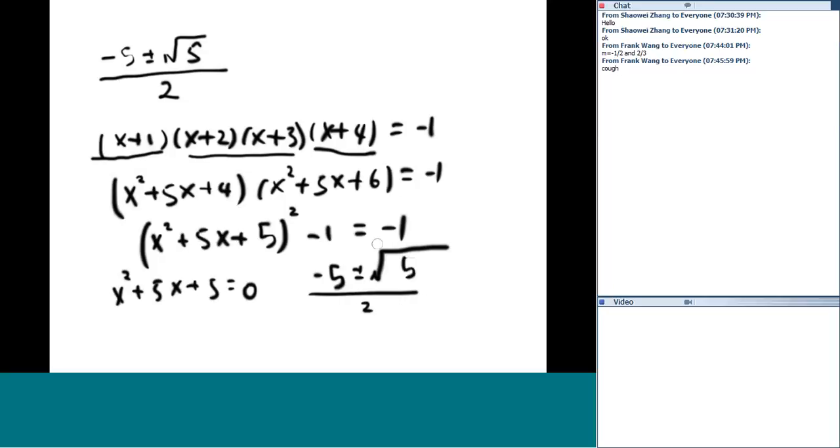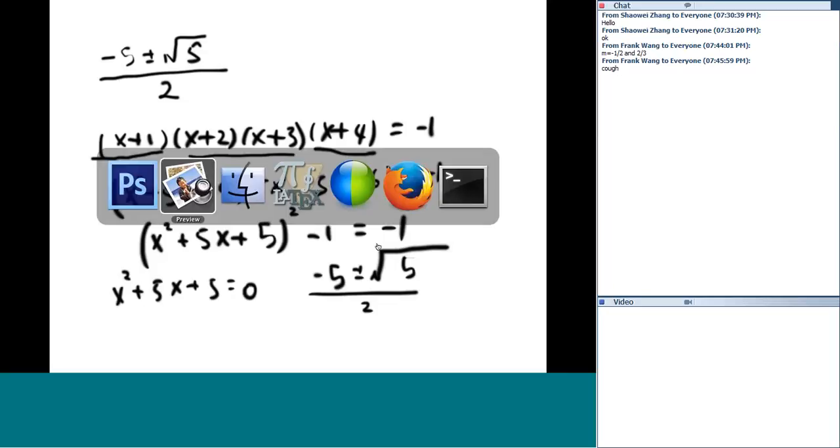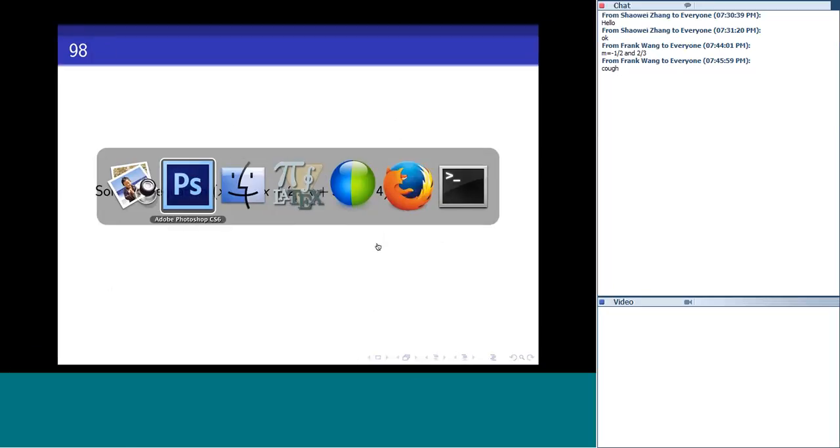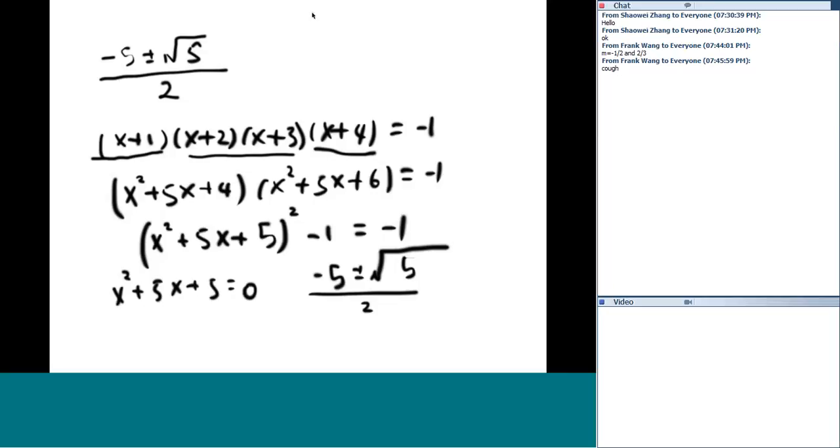What happened? William disconnected. I think he's trying to fix his microphone or something. Not sure. What happened?